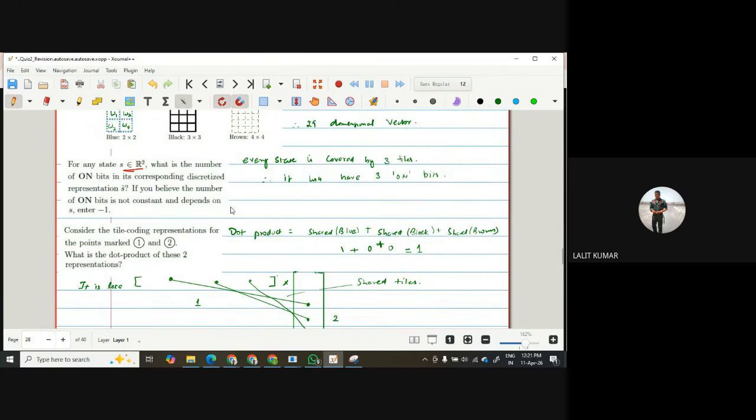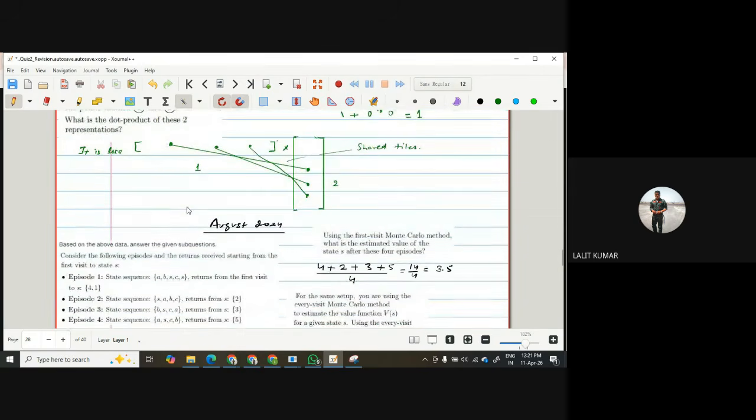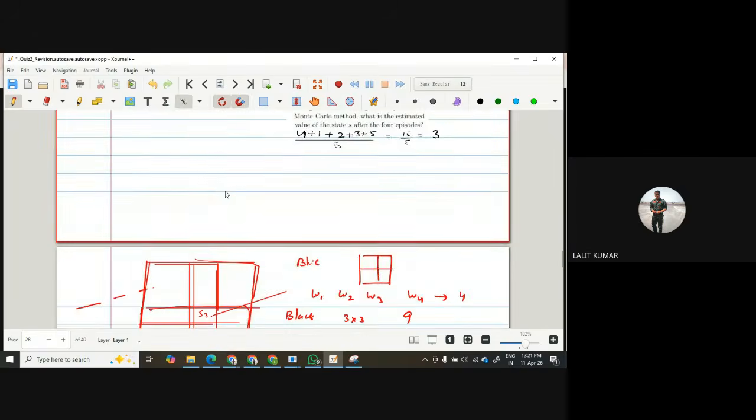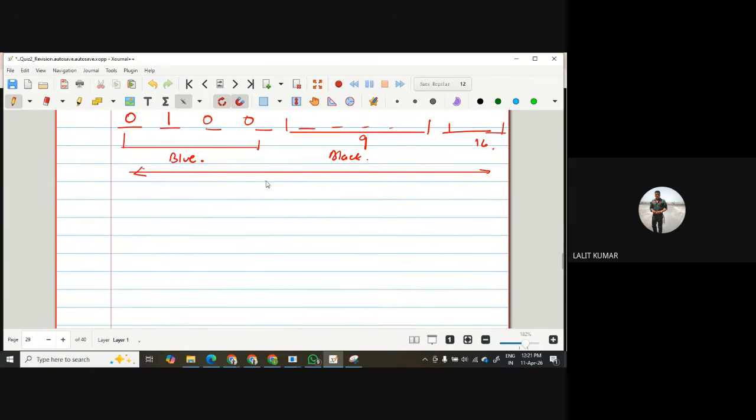Now the next question is very, very interesting. Please pay attention. For any state, what is the number of on bits in its corresponding discretization representation? If you believe the number of on bits is not constant and depends on S, enter -1. So for this question, what they're asking is that for any state, we can represent tile 1, tile 2, or tile 3.